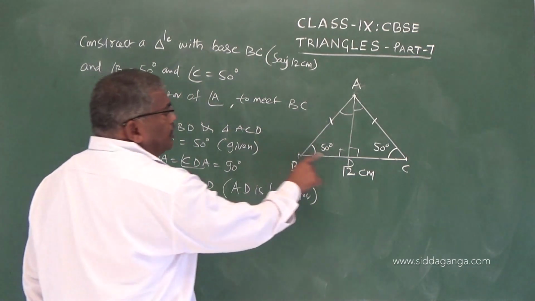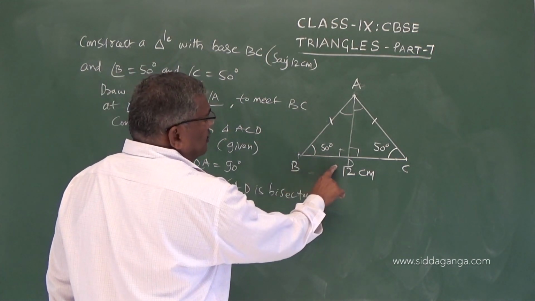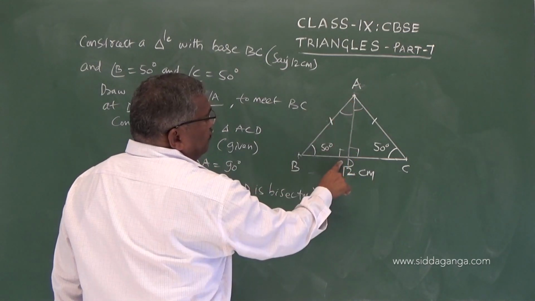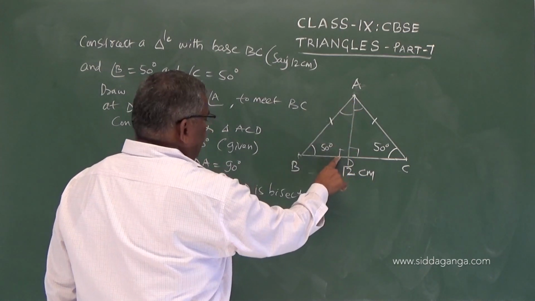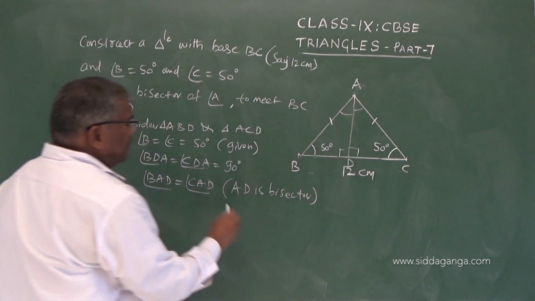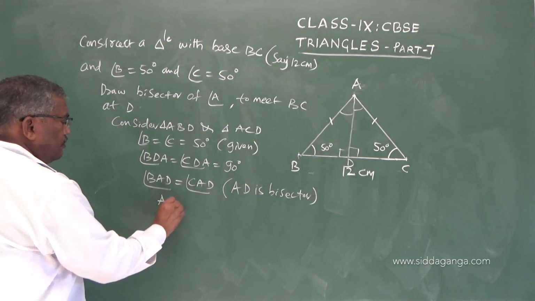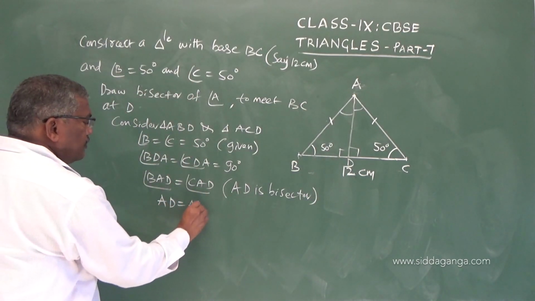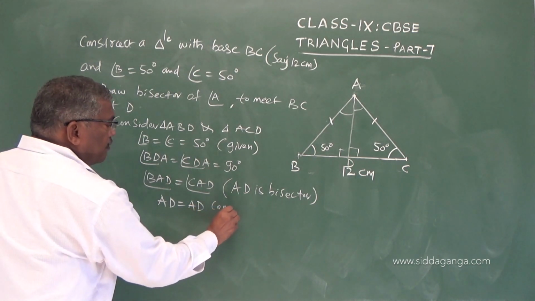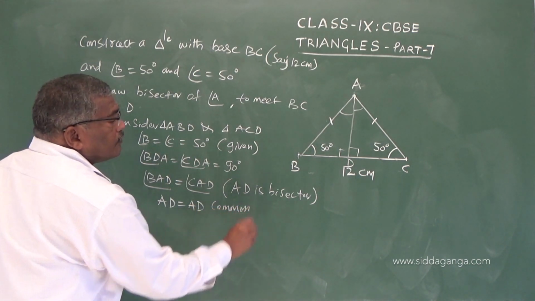So in these two triangles, AD is common, AD is equal to AD, common side.